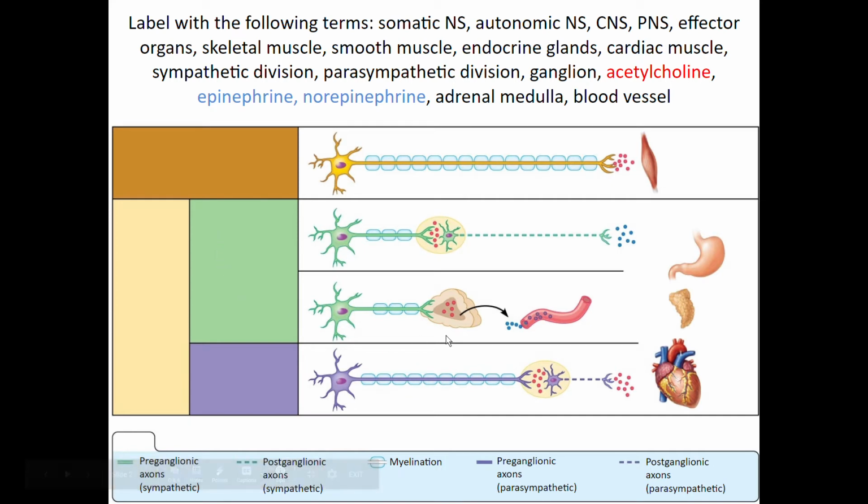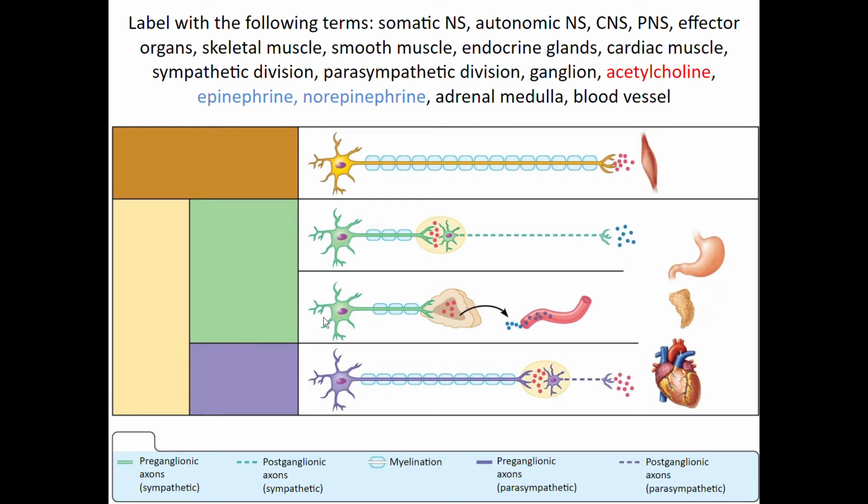So in green, you can see the sympathetic branch of the autonomic nervous system, where you have these axons synapsing with other postganglionic neurons that then release epinephrine and norepinephrine to activate target organs.